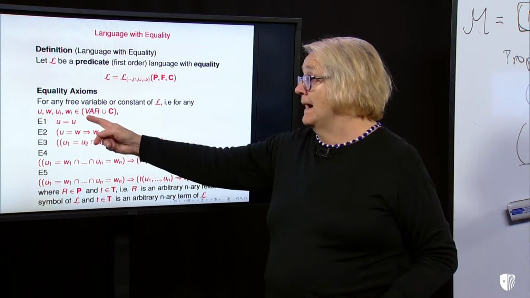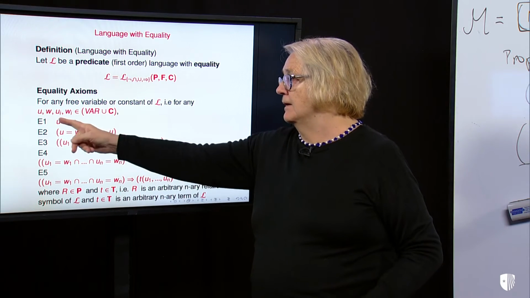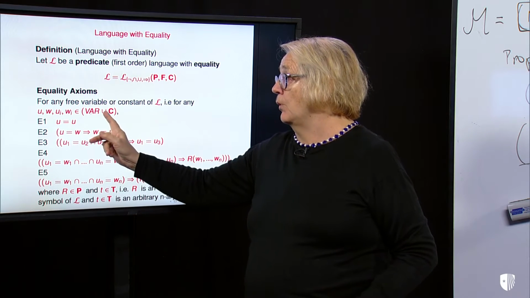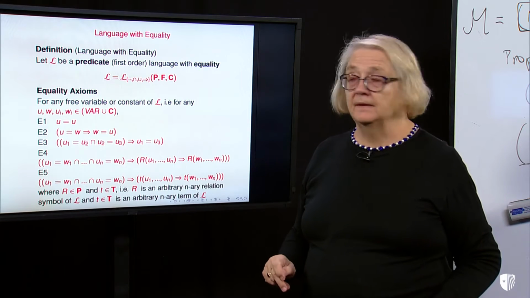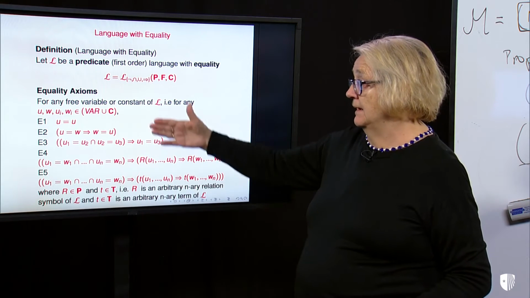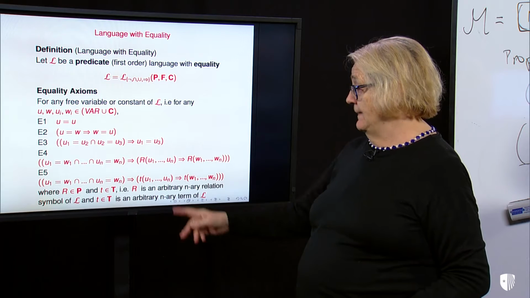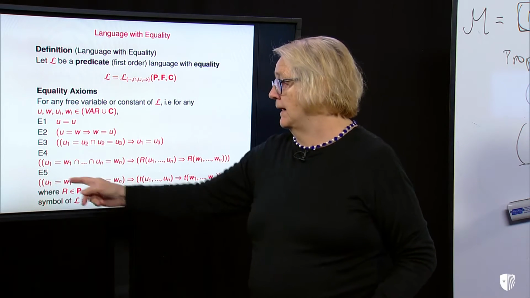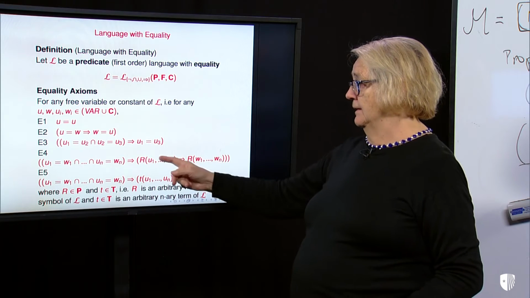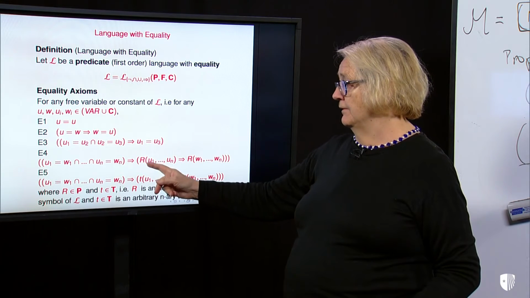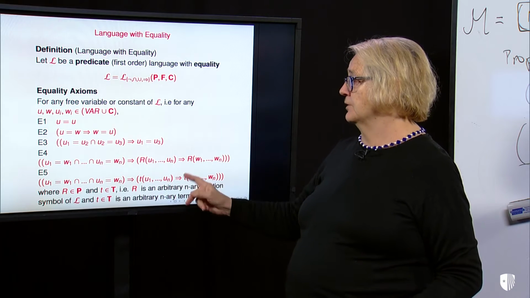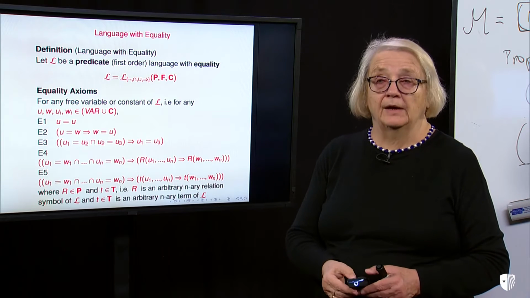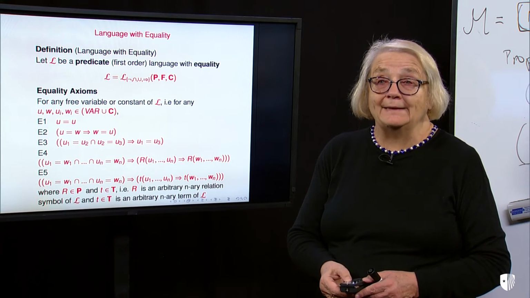Here U, W are all variables or constants. And this is normal equality: if R is an n-argument predicate and all arguments are equal, then R holds between those arguments exactly when it holds between the other arguments. So these are the obvious axioms of equality.